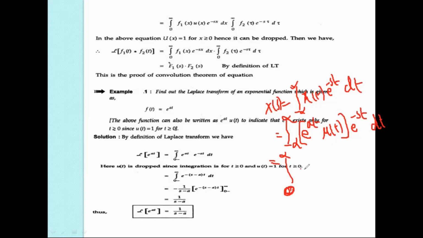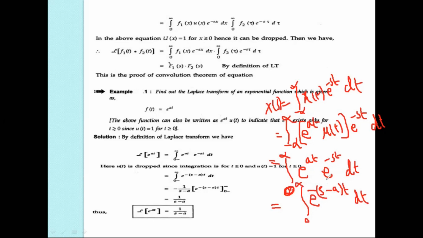Okay. So e power at, e power minus st dt, because mu of t is equal to 1 there. Take the common factor: e power minus (s minus a) into t dt, integral from 0 to infinity.